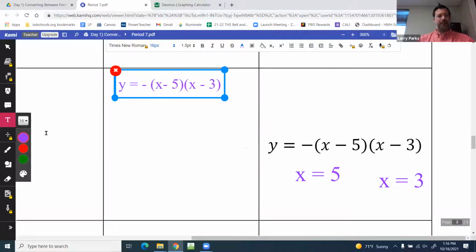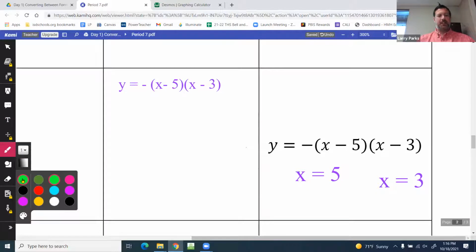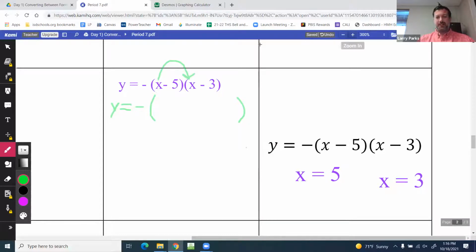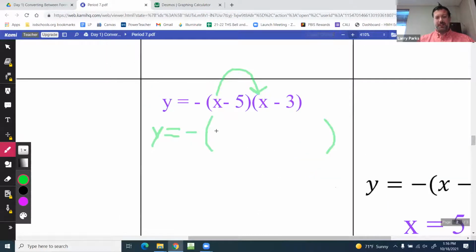And all you got to do is take this and distribute it. Now the negative, I would just hold off on that and distribute it at the end. So let's start off. We're going to take x times x, and that's x squared.